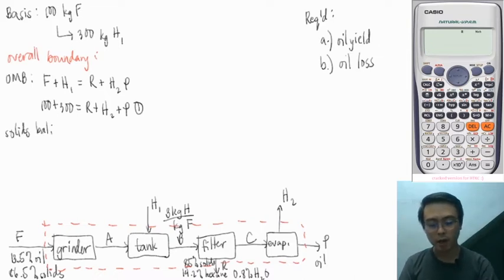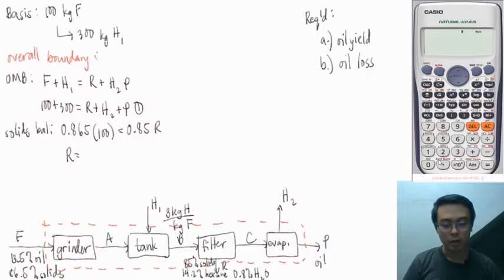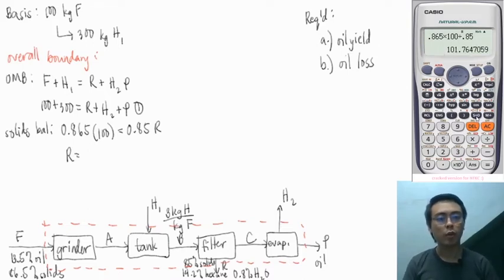For your solids balance, we have 0.865 of F equal to 0.85 of R. We can directly solve for the value of R, or the residue. Solving, that's 0.865 times 100 divided by 0.85. So R is 101.76 kilograms.